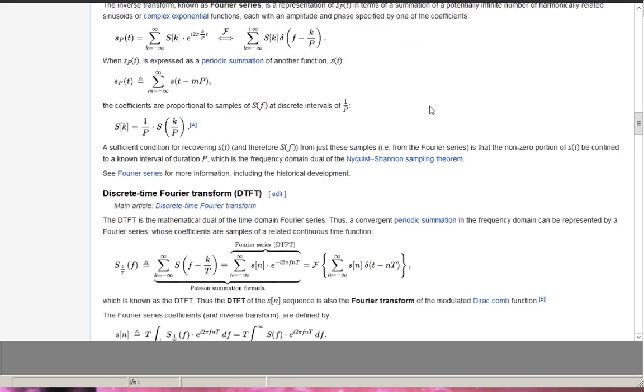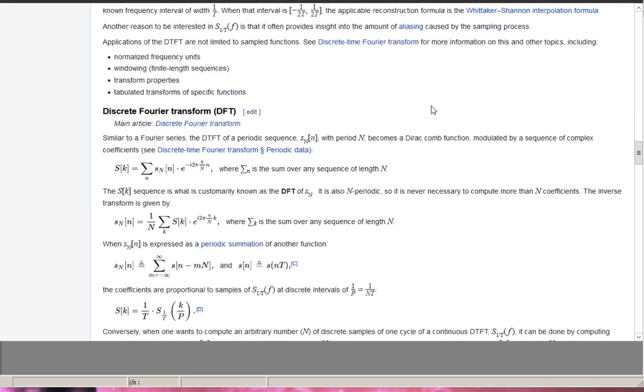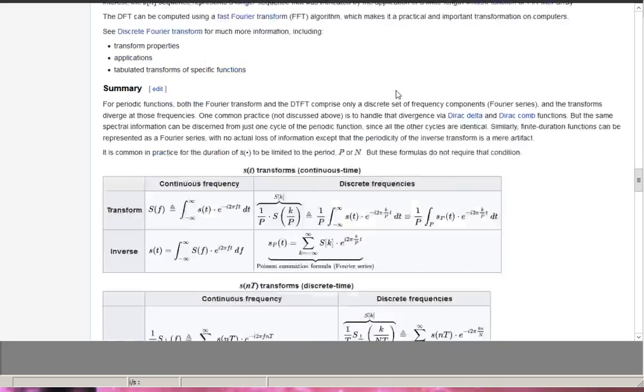And you've got odd harmonics, you've got even harmonics.